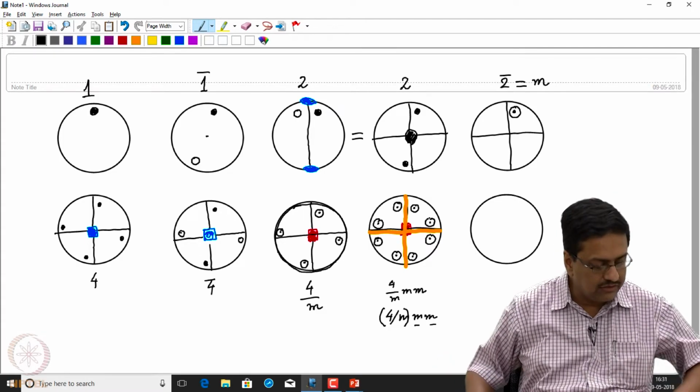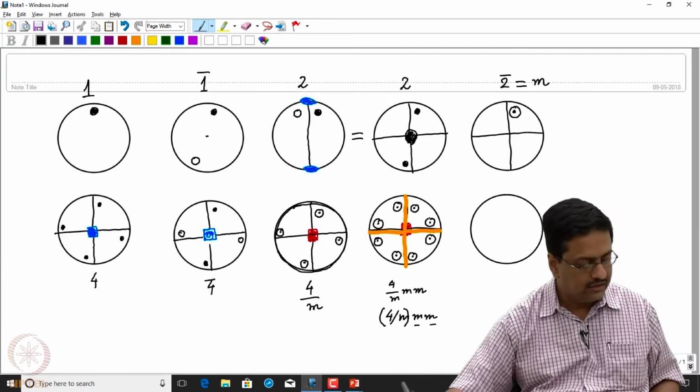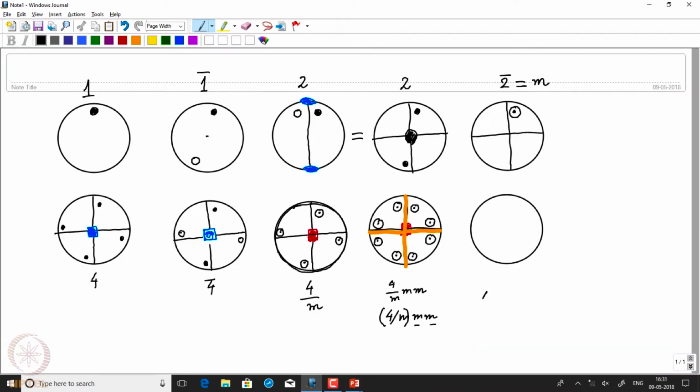The next one in 4 we would like to discuss is 4 bar 2 m. So now it is a combination of 3 symmetry elements. One is 4 bar, which is along the C axis, Z axis, a twofold which is along A or B, and a mirror which we will see gets generated between the A and B like a diagonal plane, that is sigma d.